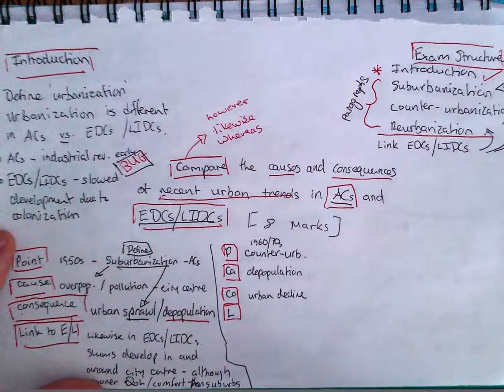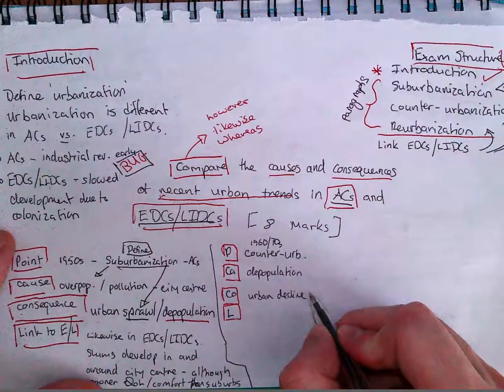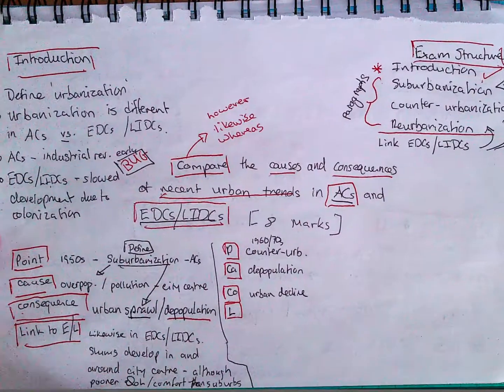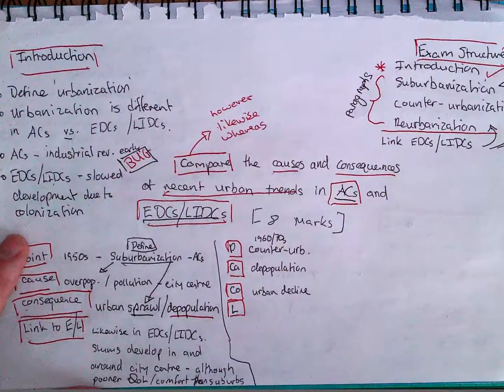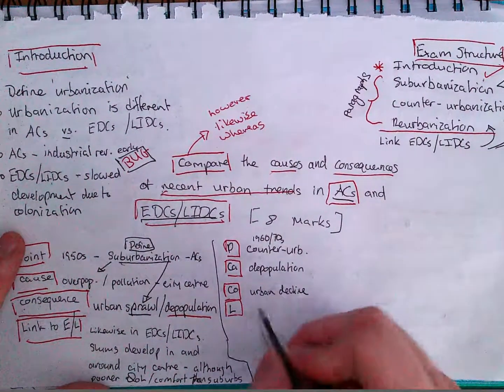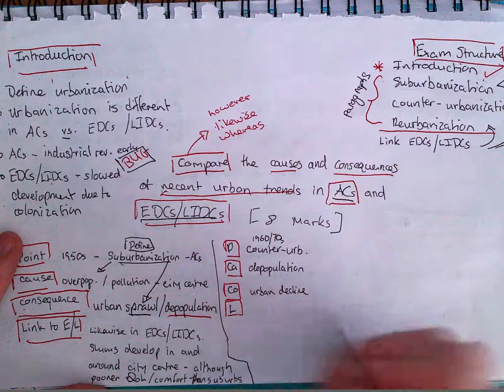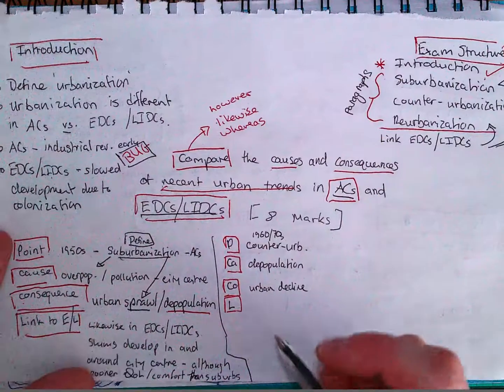You can refer to urban decline in the city centre, abandoned buildings, things like that, crime rate going up because there's not as many people to police, so maybe the policing lowers down a bit. And then you're going to link this to the advanced countries versus emerging and developing and low income and developing countries.